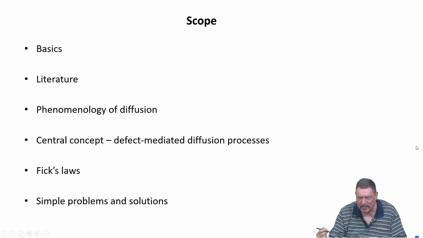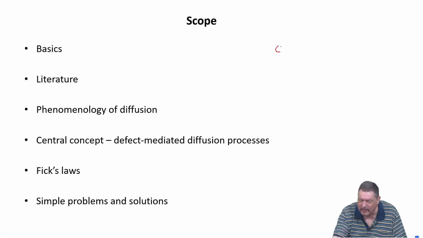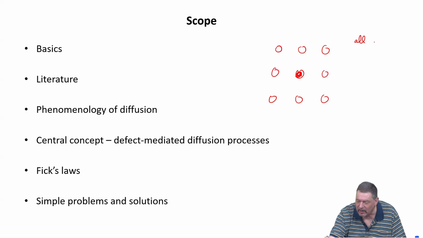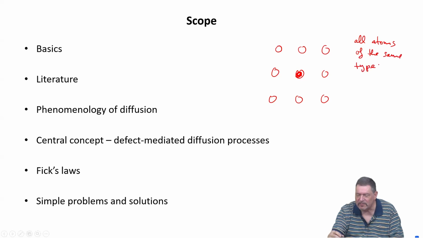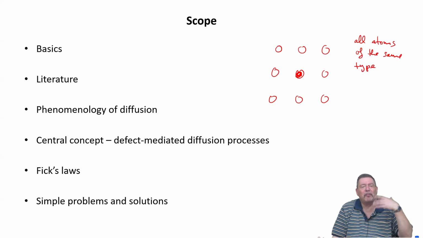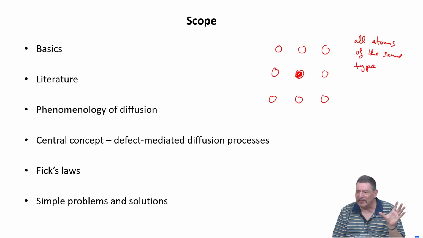And so maybe if we again go to our 2D representation of a crystal lattice, if we have all atoms of the same type, and I just marked this one in the middle, so it's still the same gold atom, but I know the first name of this atom.